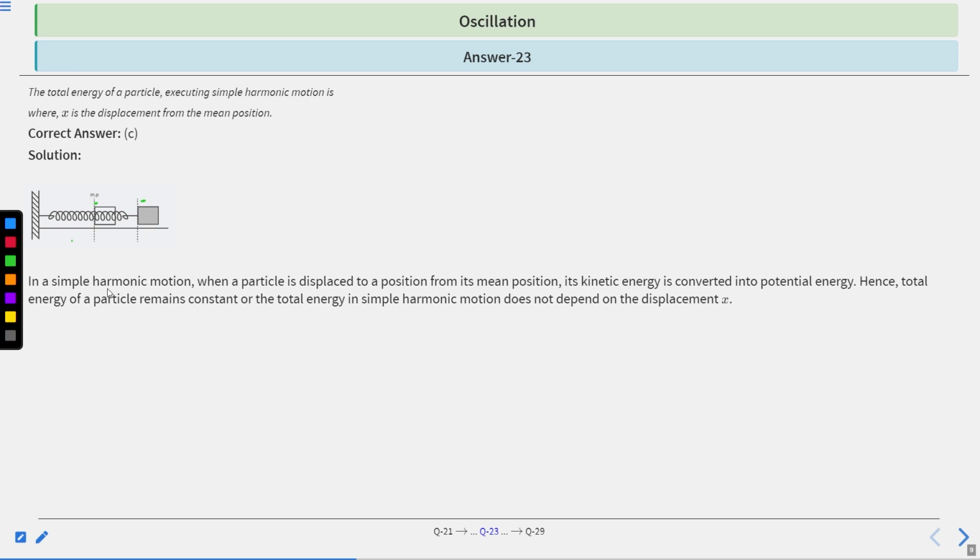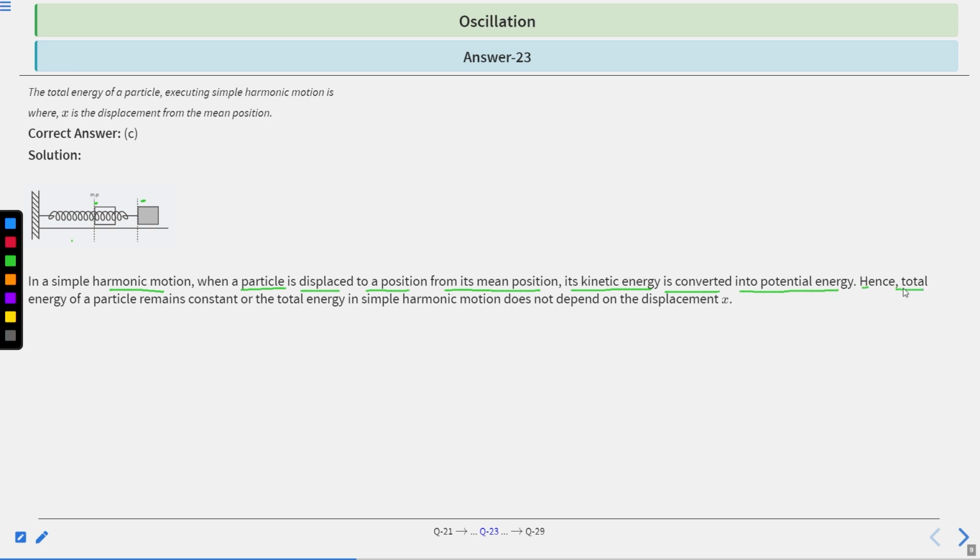In simple harmonic motion, when a particle is displaced from the mean position, its kinetic energy is converted into potential energy. Means when this body is displaced from the mean position and shifted towards the right side, the kinetic energy is converted into potential energy.